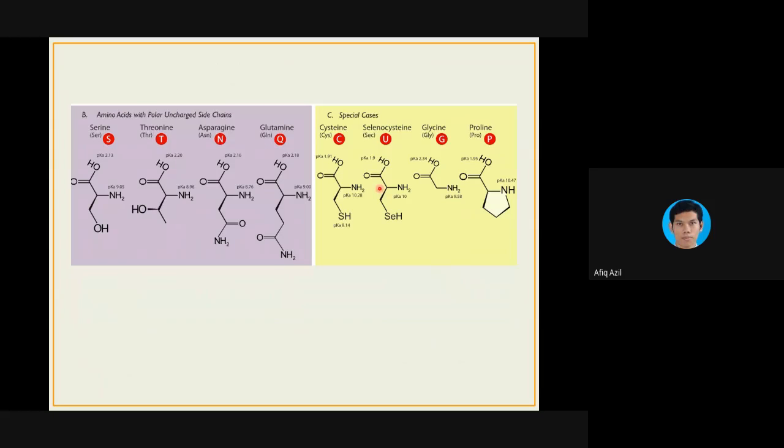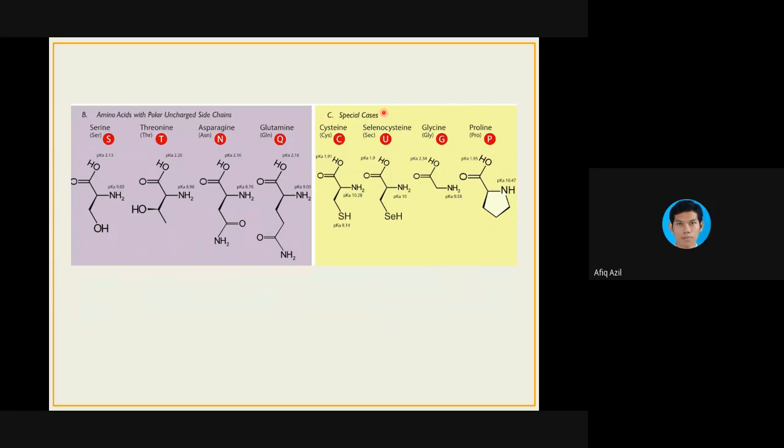And then type B is amino acid with polar uncharged side chain. It is a polar side chain but not charged like the first one, which contains positive or negative. So you have serine, threonine, asparagine, and glutamine, all having different side chains.